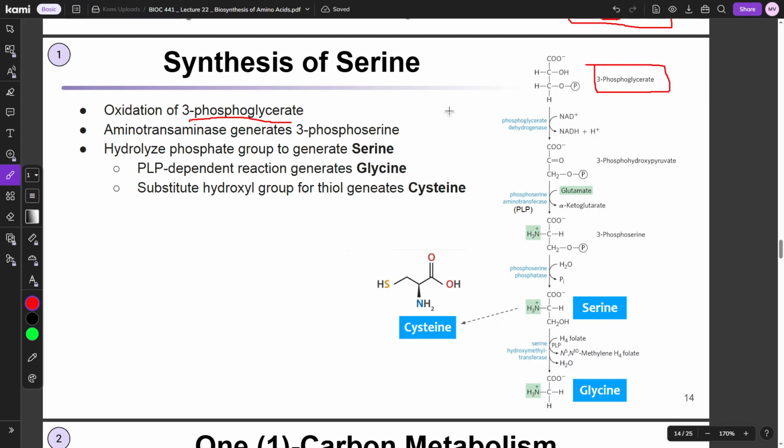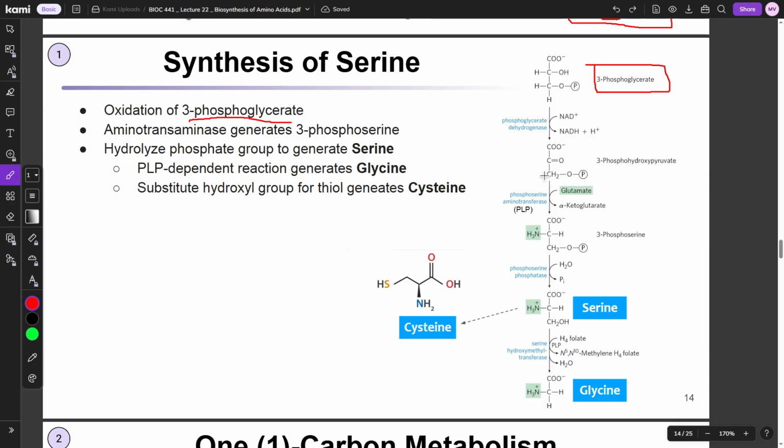We do phosphoglycerate dehydrogenase, which oxidizes 3-phosphoglycerate, which basically turns it into a pyruvate, but instead of just having a CH3 group on the end here, we have a phosphate group. So now we have 3-phosphohydroxypyruvate. And then from here, this is where the magic happens, if you will.